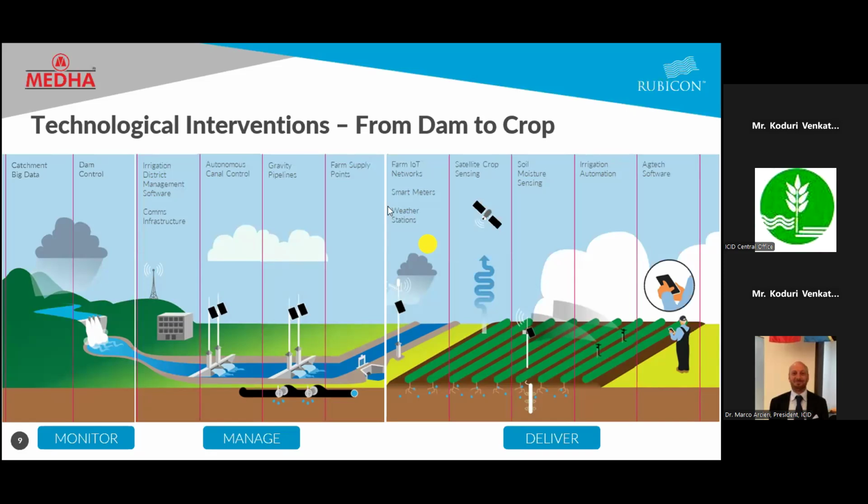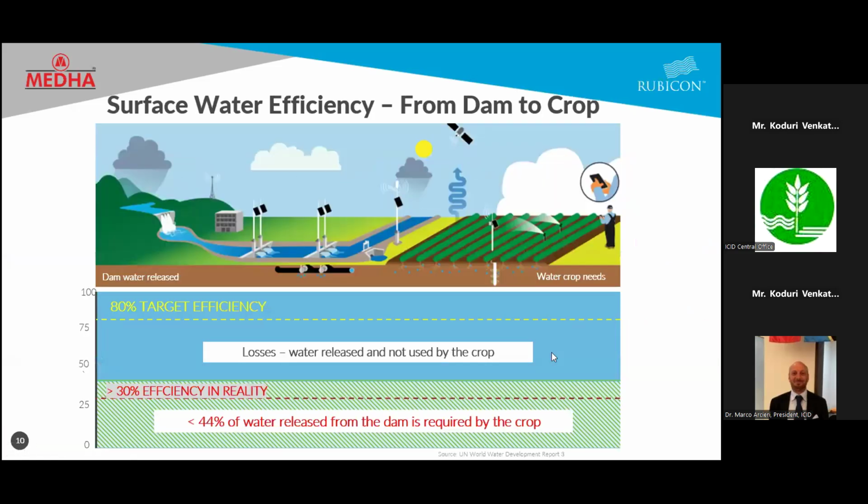That is happening with the efficient management and monitoring of the data which is there in the dam, followed by the channels, and finally till the tail end, where the farmer or the irrigator is quite aware of how much water is required and how much water is to be drawn from the canal.